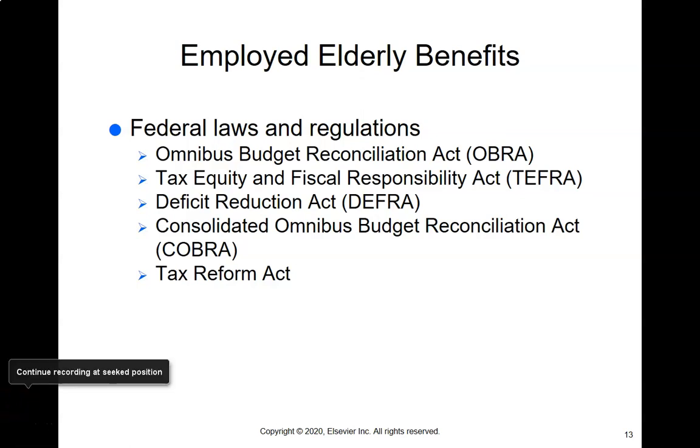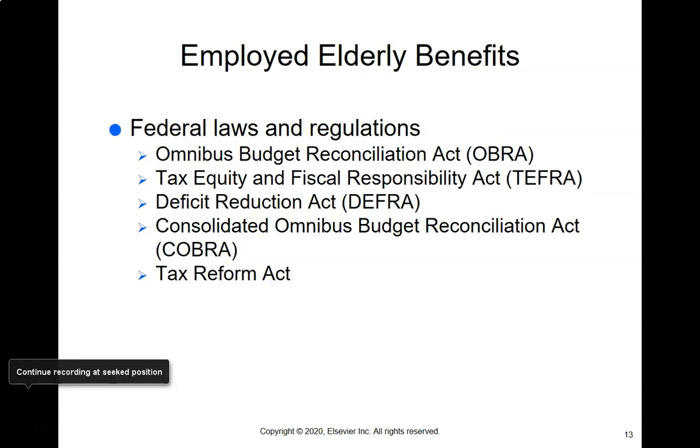The Tax Reform Act. The Tax Reform Act was passed in 1986 and clarified certain aspects of COBRA. A spouse and dependents may elect to receive continued coverage even if the employee does not wish insurance coverage and terminates the plan.